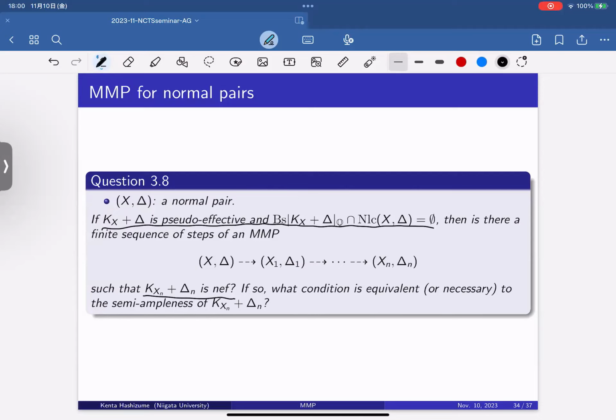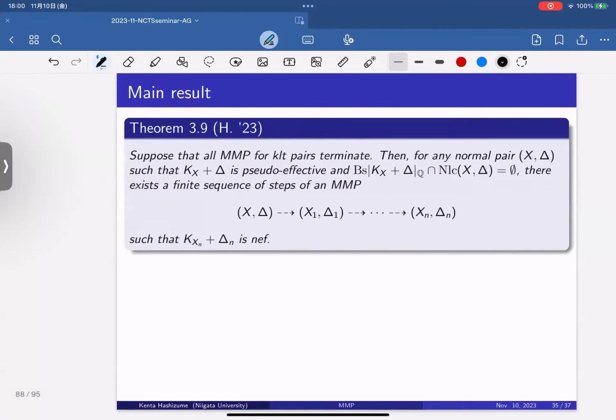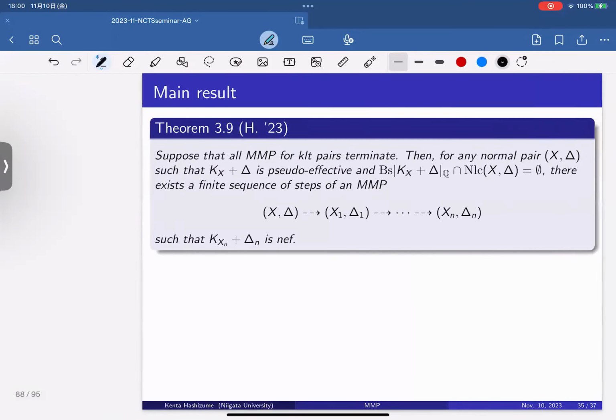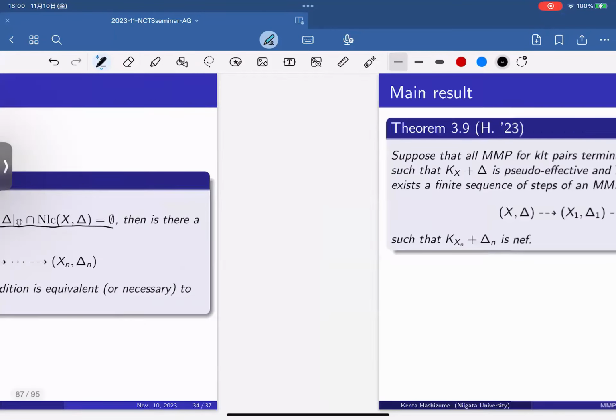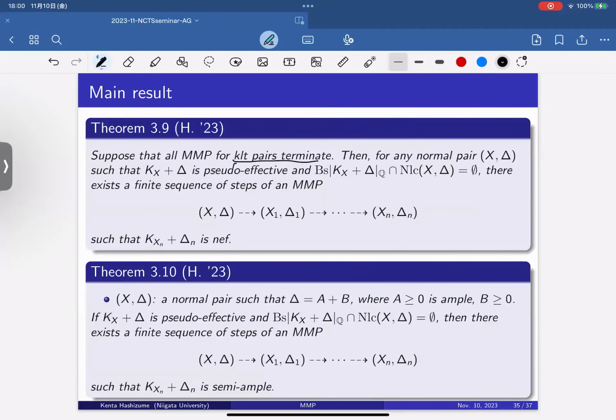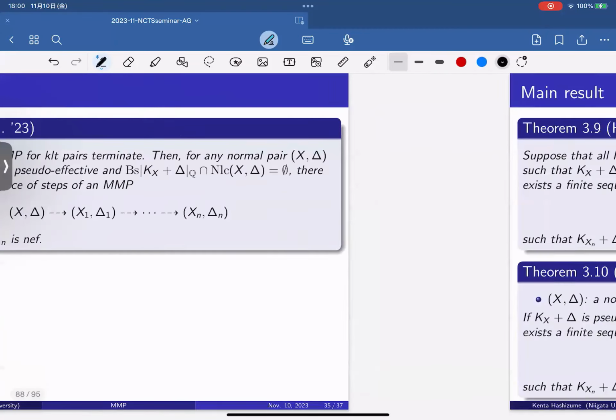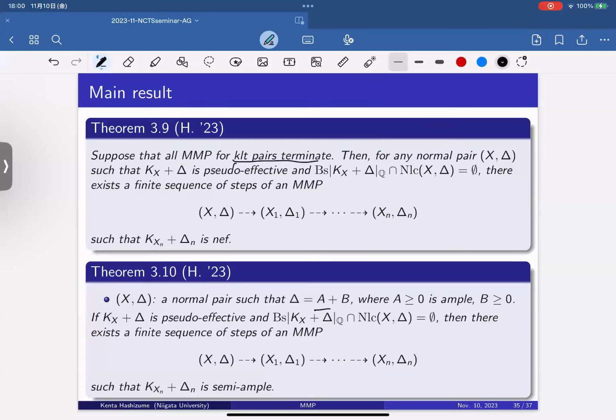Finally, I will introduce my main result. Suppose that all minimal model programs for KLT pairs terminate. Then we can give an affirmative answer to question 3.8. And question 3.8 holds when Δ is the sum of an effective ample divisor and an effective divisor.